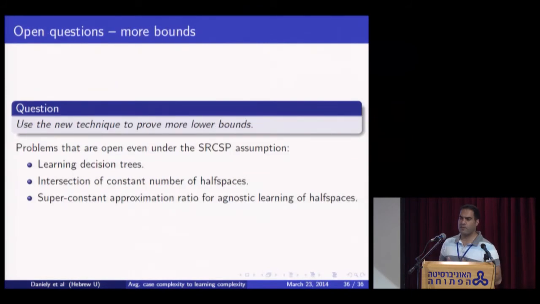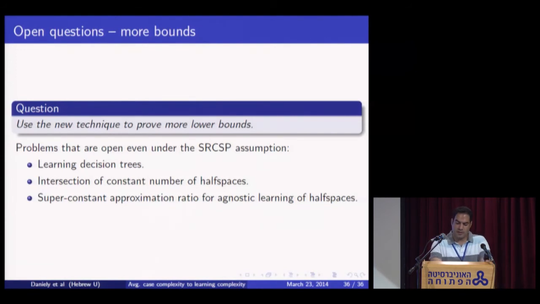And lastly, another family of natural open questions is to use our new technique to prove more lower bounds. So even if you're willing to assume the strong random CSP assumption, there are still interesting learning problems that we don't know how to prove are hard, and we think that they are hard. And these are maybe the three most interesting, at least in my opinion. The first is the problem of learning decision trees.